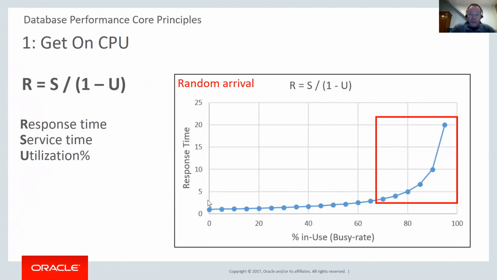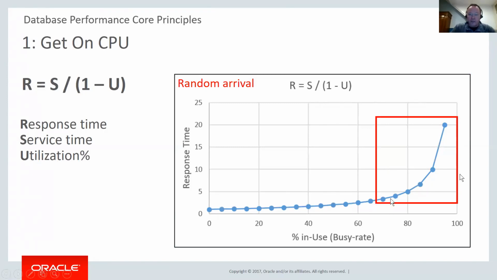But as the busy rate of these resources increases, you get this curve here, and you definitely don't want to be here. You don't want to be beyond, let's say, 65, 70%, because that's when the variance of getting scheduled, the wait time that you experience before you get scheduled, really becomes noticeable. And this curve actually depends on the arrival rate of your requests. What I have here is random arrival rate, but if you have different kinds of arrival rates, this curve may be more aggressive or a little bit less aggressive.